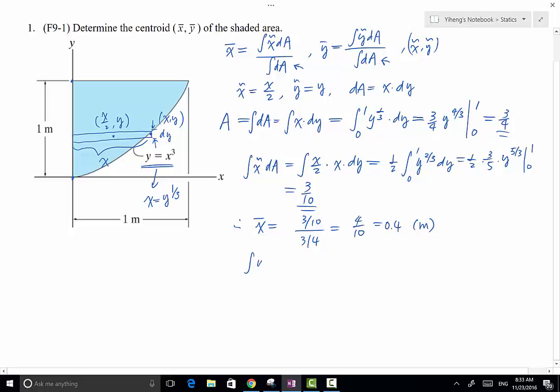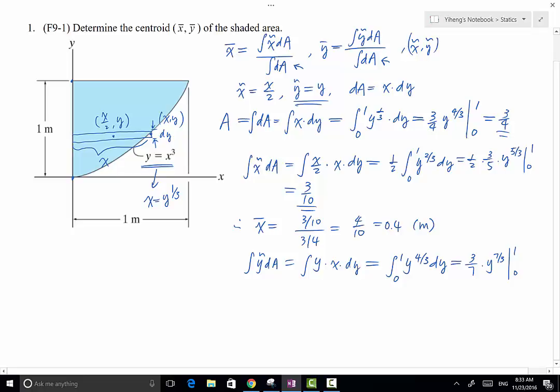Similarly, we need to integrate y tilde dA. And y tilde simply equals y. dA is x dy. Again, x is y to the 1/3 power multiplied by another y. So this is y raised to the 4/3 power. If integrated from 0 to 1, this equals 3 over 7 times y to the 7/3 power, evaluated from 0 to 1.